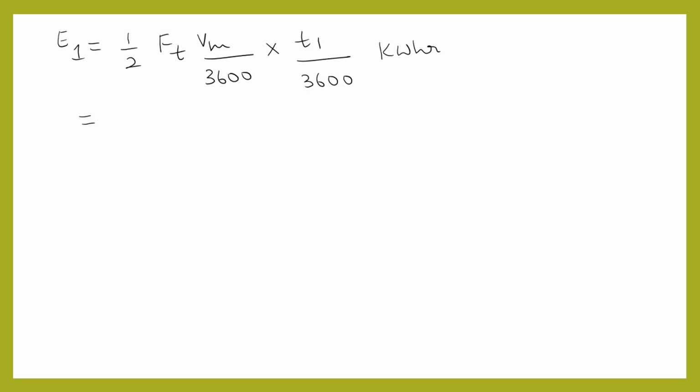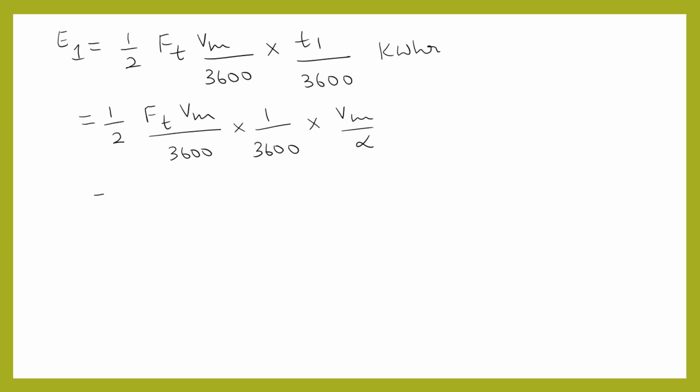That is E1 is equal to half Ft Vm by 3600 into 1 by 3600 into Vm by alpha.